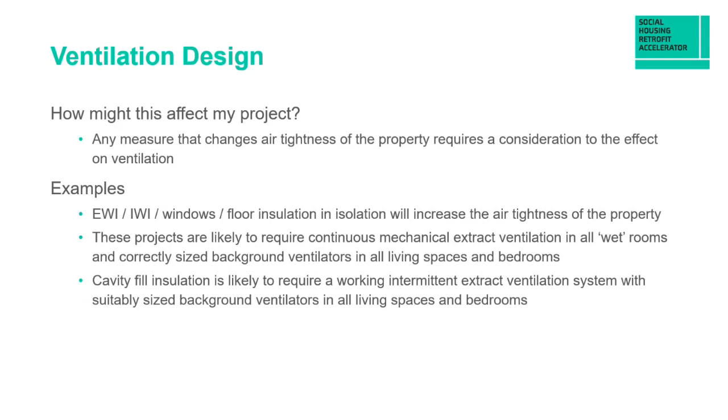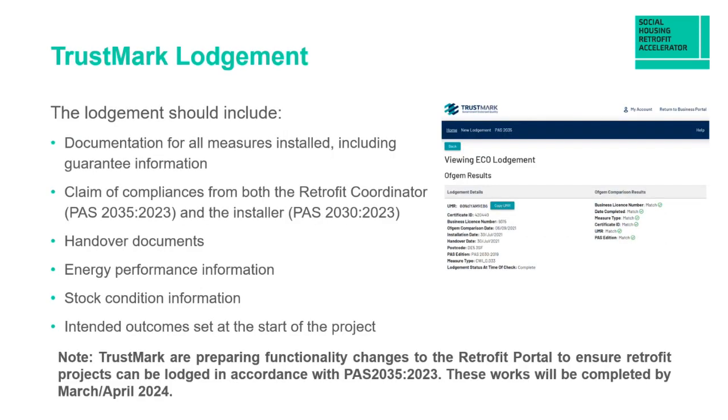And those types of projects are likely to require continuous mechanical extract ventilation in all wet rooms, alongside correctly sized background ventilators in the other living spaces. And cavity fill insulation is likely to require a working intermittent extract ventilation system, and again, suitably sized background ventilators in all living spaces and bedrooms.